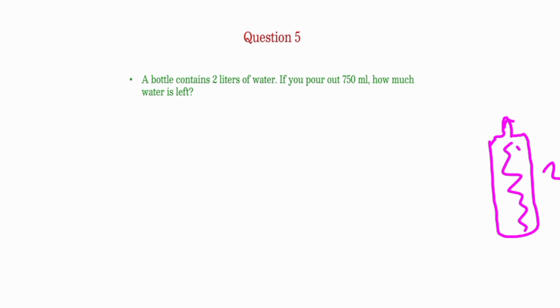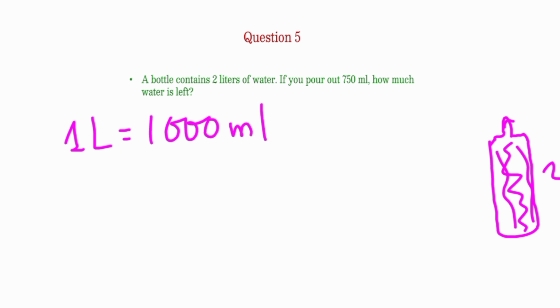We know that 1 liter is equal to 1,000 milliliters. So that means 2 liters are exactly equal to 2,000 milliliters. Now, if you pour out 750, how much water will you be left with?